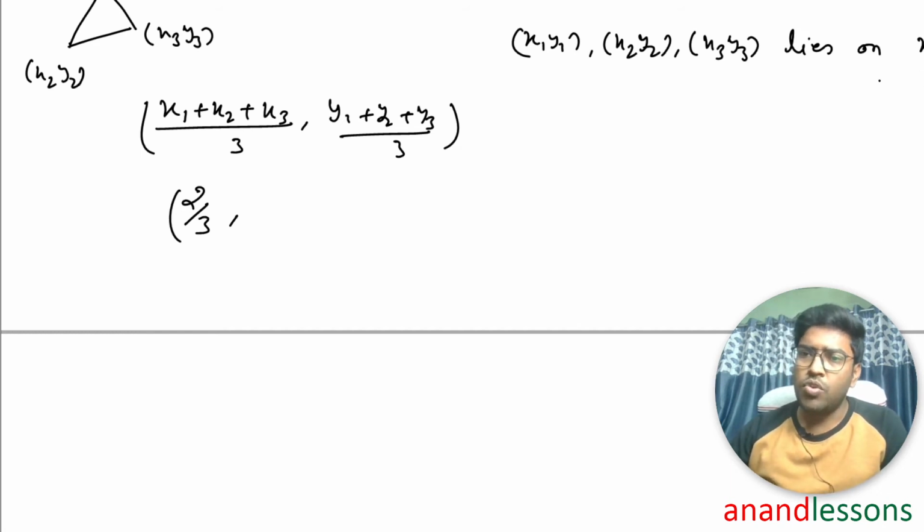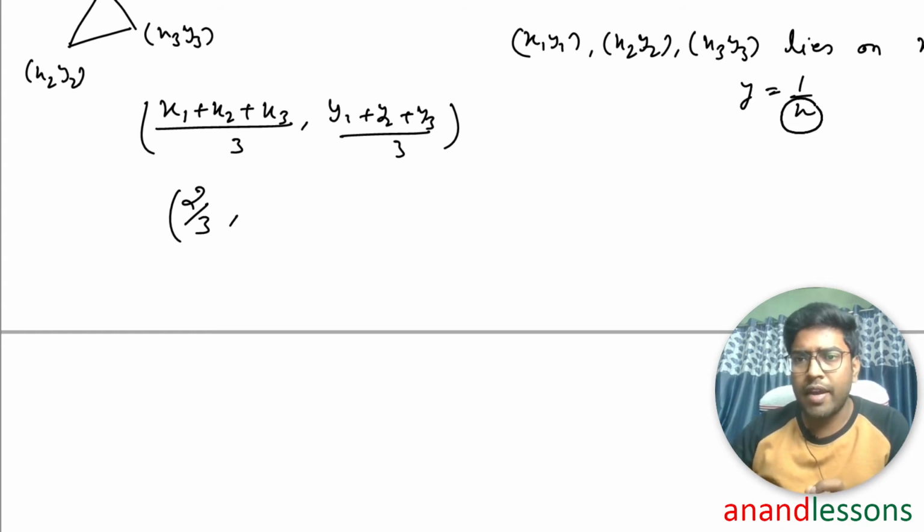So what will be y? y will be 1 by x. If we have the knowledge of x, we can determine the value of y. So what will be y1, y2, y3? Suppose this is xr, so yr is 1 by xr.